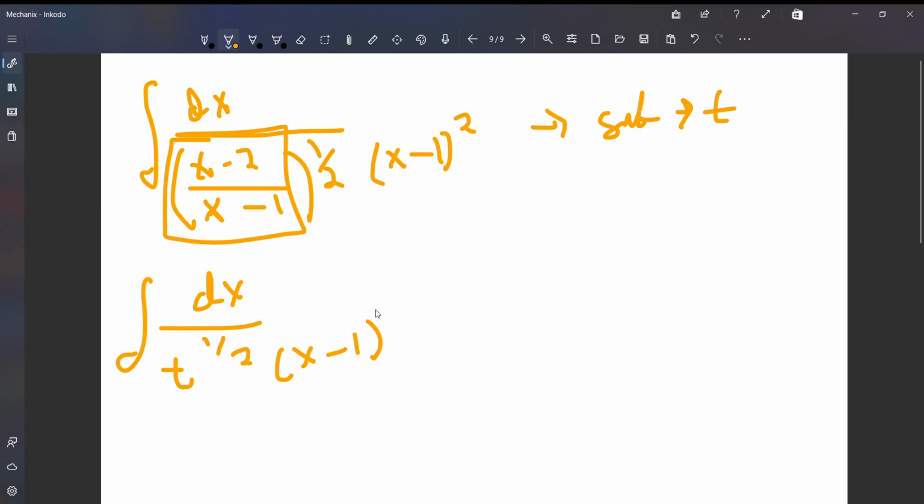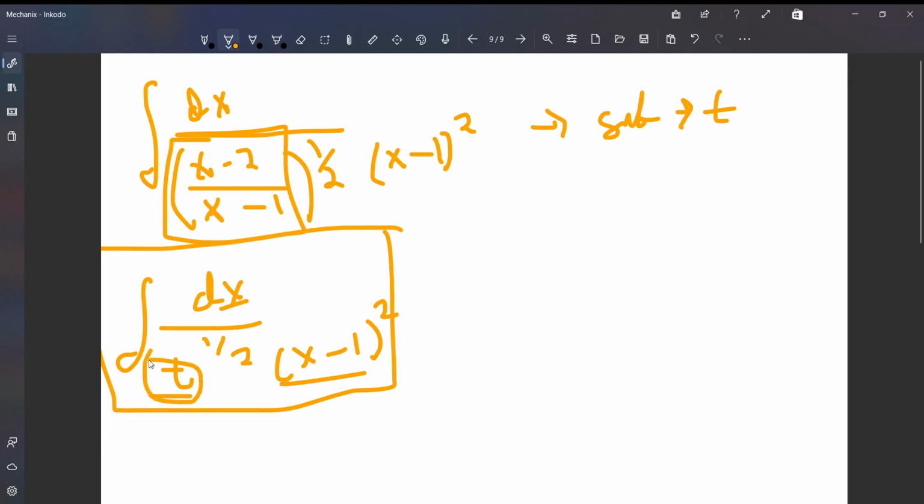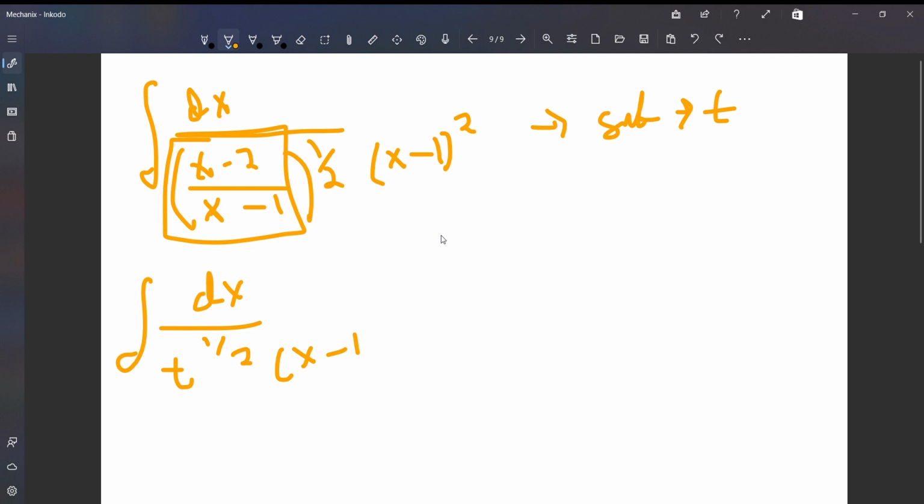Now as you might see, this term looks quite bad, right? We have a t here and we have x here, and it's with respect to x. So let us convert all our terms into parts of t such that it looks quite better. And you witness magic, right?